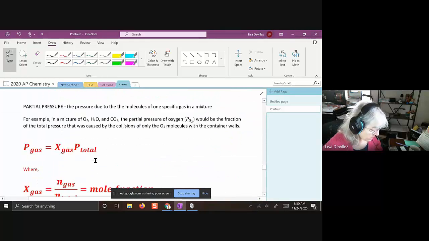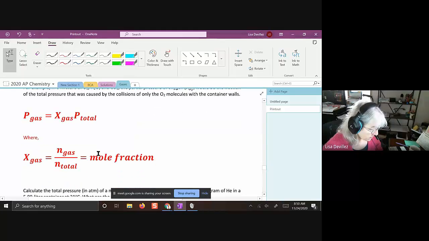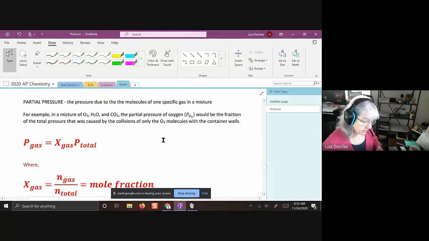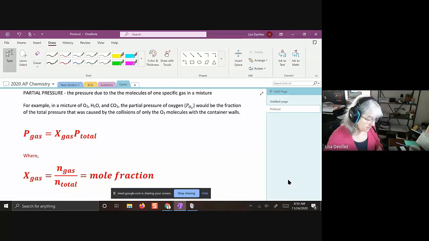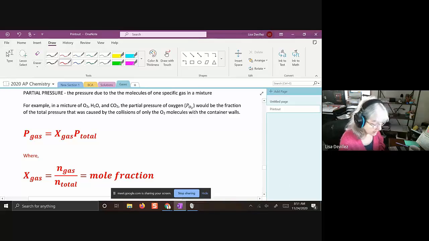And so another one, all right, and this is a very handy expression to have, and I believe this is on the formula sheet for the AP exam. So the key thing is kind of just knowing how to use it.